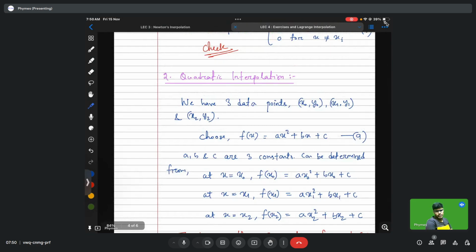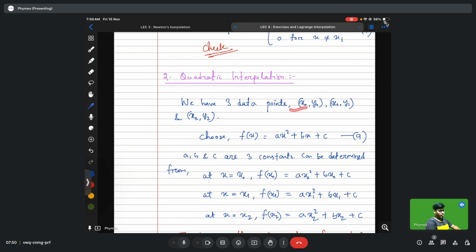In Newton's case also we did the quadratic and the linear interpolation, and then we did the general polynomial interpolation. Similarly, here we can do the quadratic interpolation, and for that we need 3 data points.